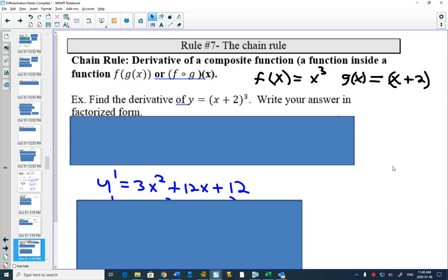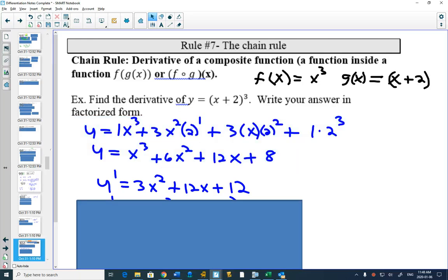So what we do is we multiply it all out. Here I used the binomial theorem. X plus 2 times x plus 2 times x plus 2. Simplified it to get 4 terms, right? Does it make sense that if you have something to the power of 3, in the binomial expansion you should get 4 terms?